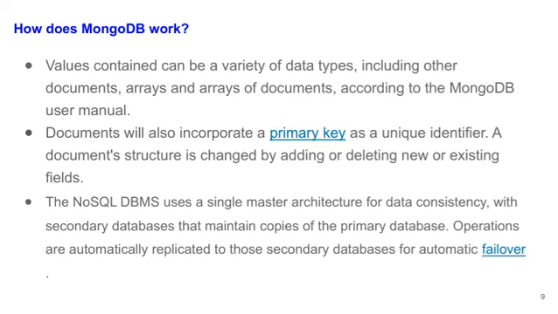It also provides automatic failover. So, if the primary database ever goes down, the system can switch to a secondary database seamlessly, minimizing downtime and maintaining data integrity. Overall, this architecture and flexible data model make MongoDB a robust choice for handling complex, evolving datasets in a reliable and scalable way.